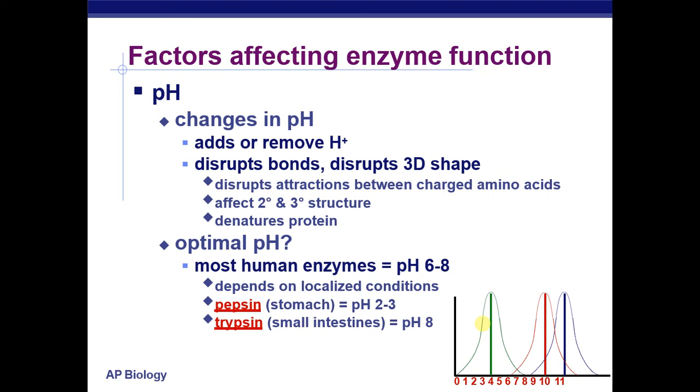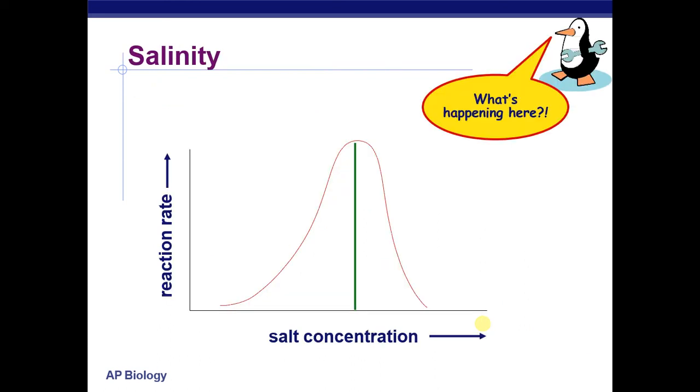And so it'll denature them, we'll have a shape change, and then substrates can't fit in the active site anymore. Most human enzymes will have an optimal pH between 6 and 8, but it depends on the conditions. So like I said, pepsin is found in the stomach, and its optimal pH is between 2 and 3, because that is the acidic condition in the stomach.